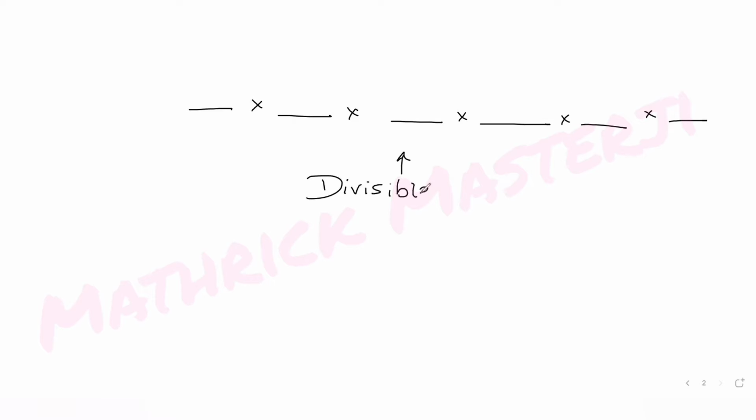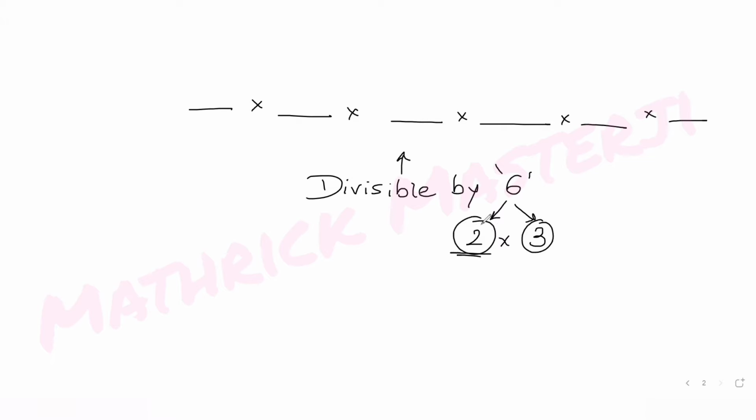First of all, to form a six-digit number, I'm drawing six dashes here. I have been asked that this number should be divisible by 6. So when the number is divisible by 6, it has to be divisible by 2 as well as by 3.